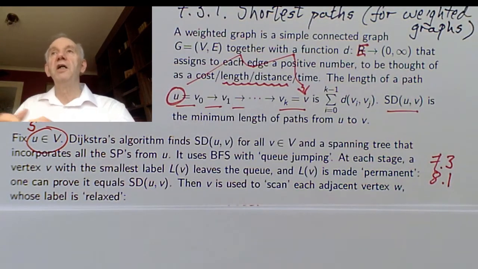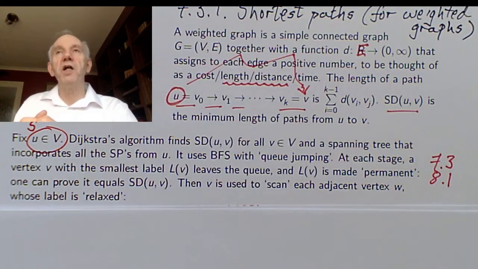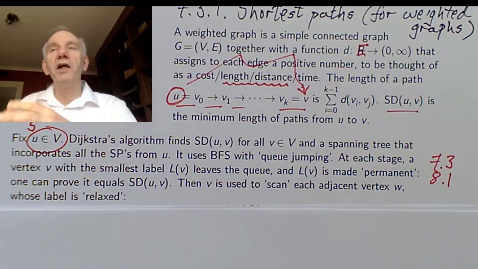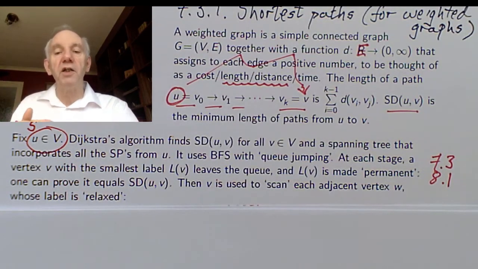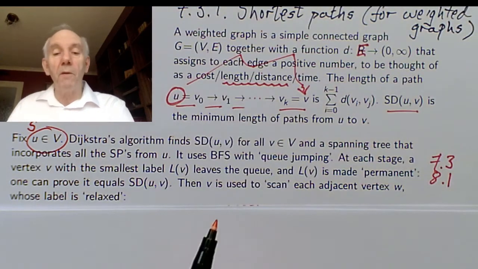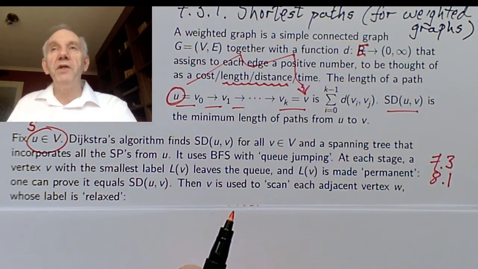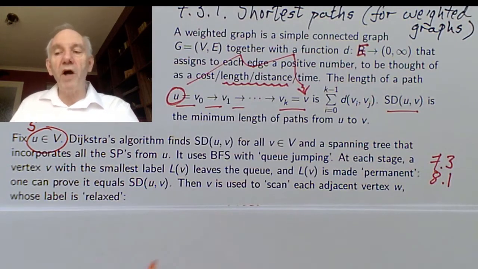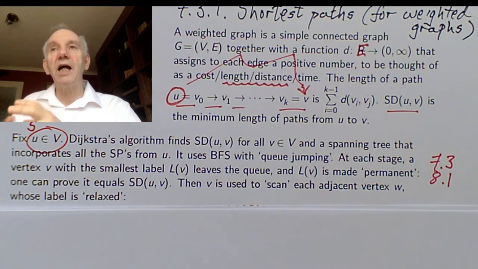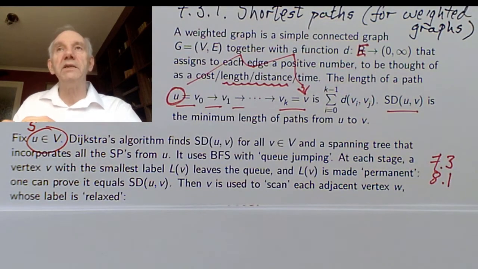You get a tree, and if you understand that process, that you get a tree, it's then obvious, although I gave some proof, that the labels you write down are the correct shortest distances. Here it's going to be more complicated because we need to change the labels because we have weights. It may be that when we move our wave front forward, we find a shorter path, not because it takes fewer steps, but because the sum of the weights is less.